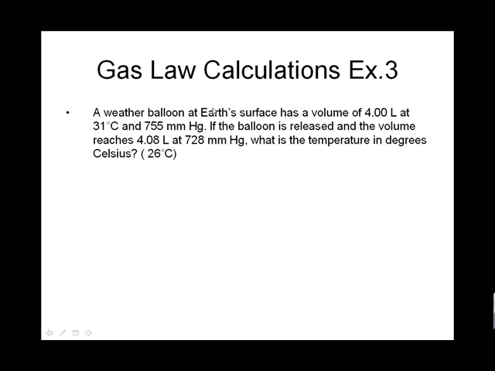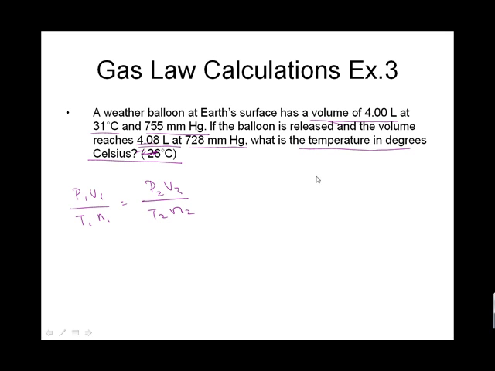A weather balloon on Earth's surface has a volume of this much at this temperature and this pressure. If the balloon is released and the volume reaches this volume at this pressure, what is the temperature in degrees Celsius? Oh, I gave you the answer here. I'm sorry. So over here, I'm going to start again with P1 V1 over T1 N1 is equal to P2 V2 over T2 N2.